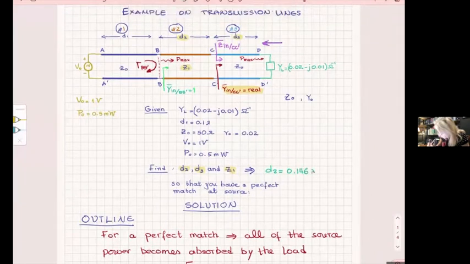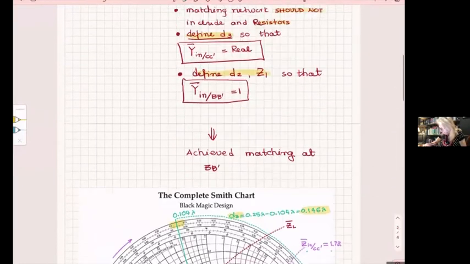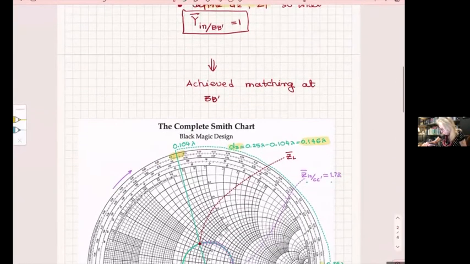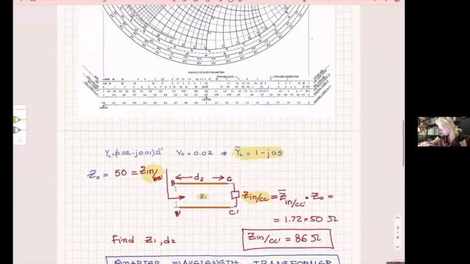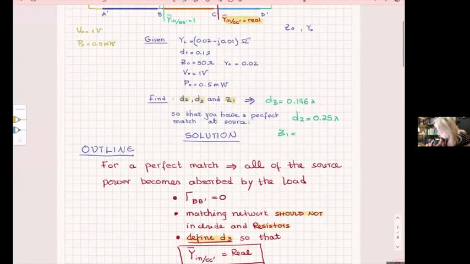I found D2 to be a quarter of a wavelength, and I found Z1 to be 65.5 ohms, and I solved the problem.